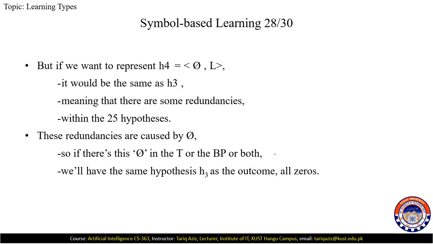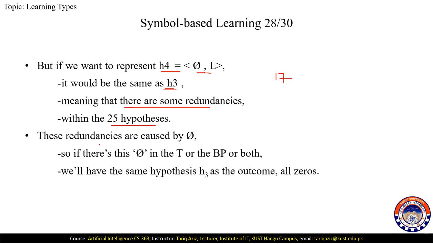But we are still left with the question of 17. How will our hypotheses become 17? So now, dear students, if we represent h4 like this, theta comma l, it would be the same as h3. That means there are some redundancies within the 25 hypotheses.